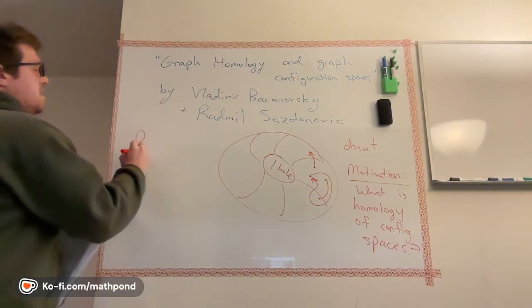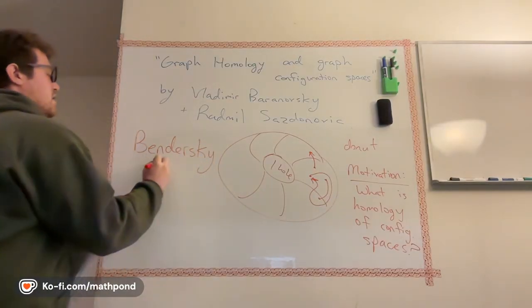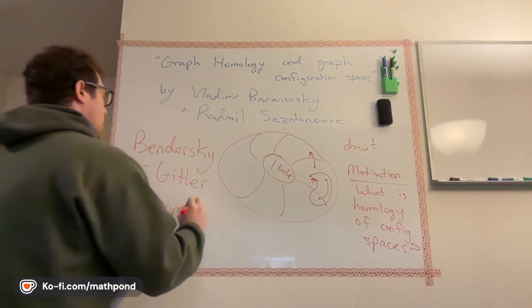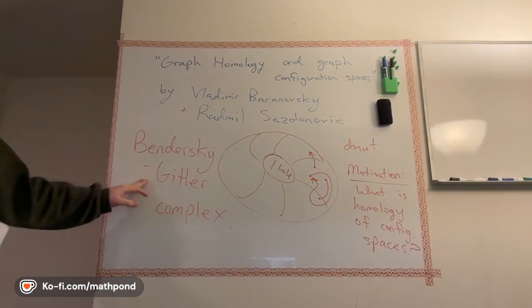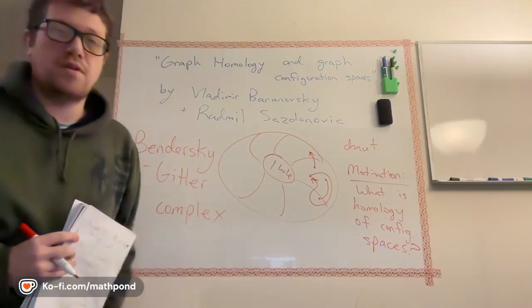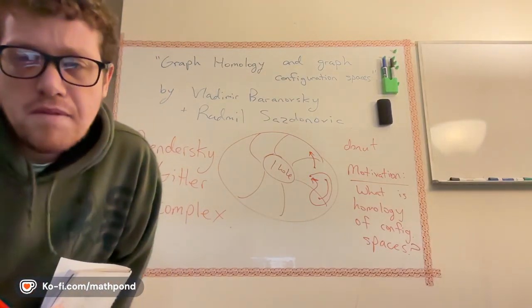So, the Bendersky-Gittler complex: some homological complex that is supposed to compute this configuration space.